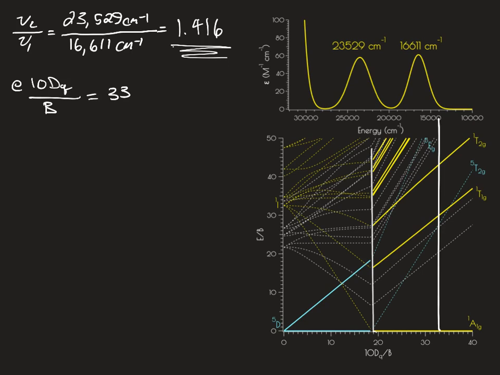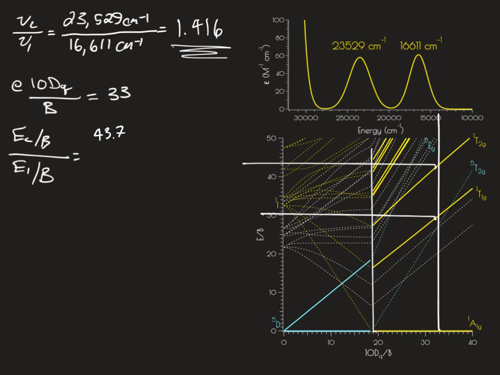So drawing that straight line up, and then working across, and extracting our E2 over B and dividing that by the E1 over B. So when we do this, this equals 43.7 over 30.4, which equals 1.44, which is a bit on the high end.